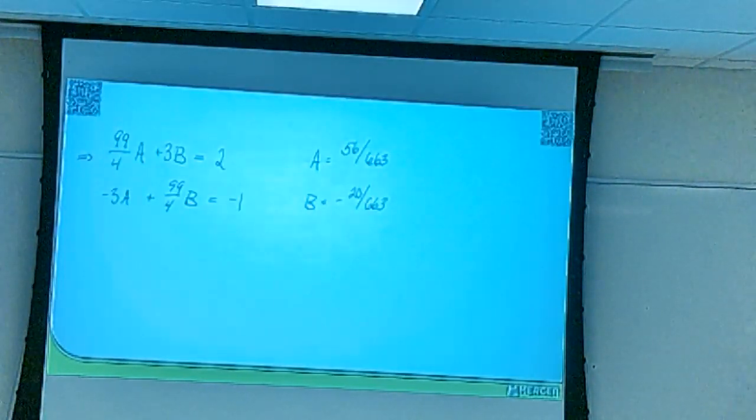So remember I said if you wanted to challenge yourself, do it without a calculator. And so you have to do it without a calculator. So you're given that as your solution to the system. What is the particular solution then?